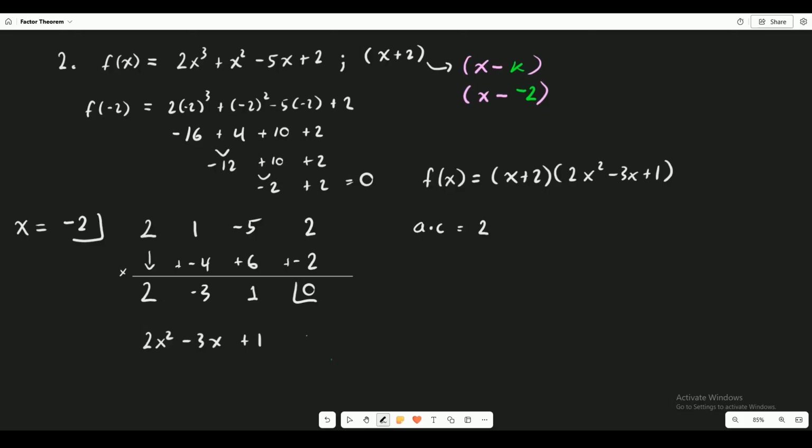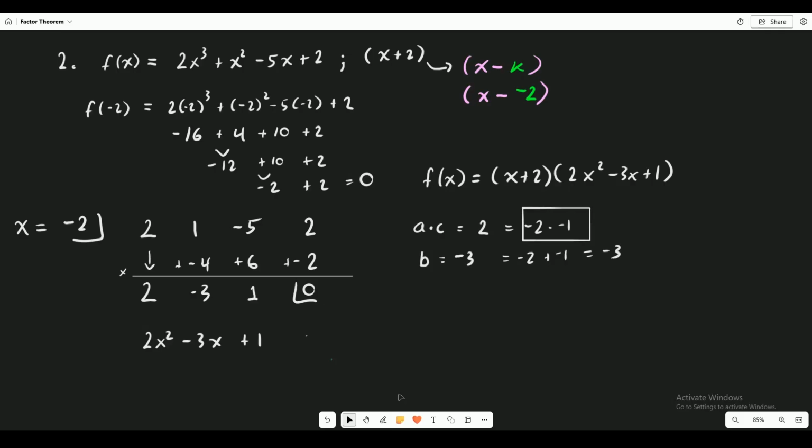A is 2, C is 1, and my b term equals negative 3. So I need two numbers that multiply to 2 and add up to negative 3. I know that negative 2 times negative 1 equals 2, and negative 2 plus negative 1 is equal to negative 3. So I'm going to use these two right here.